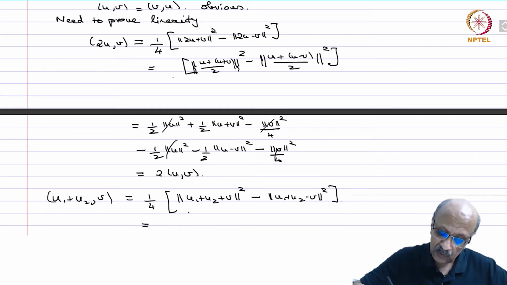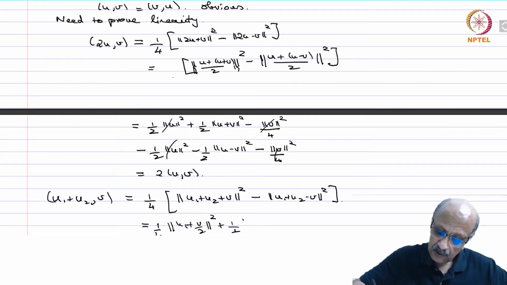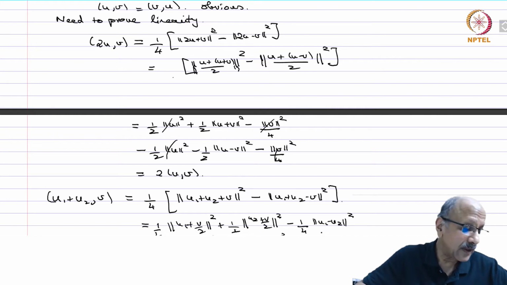From the parallelogram law, this will be equal to 1/2 norm of u1 plus v by 2 whole squared plus 1/2 norm of u2 plus v by 2 whole squared, minus 1/4 norm of u1 minus u2 whole squared, and similarly minus 1/2 norm of u1 minus v by 2 whole squared minus 1/2 norm of u2 minus v by 2 whole squared minus 1/4 norm u1 minus u2 squared.